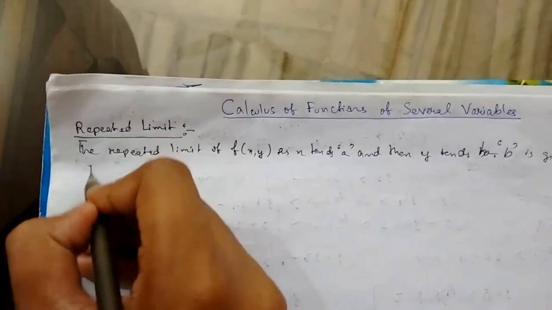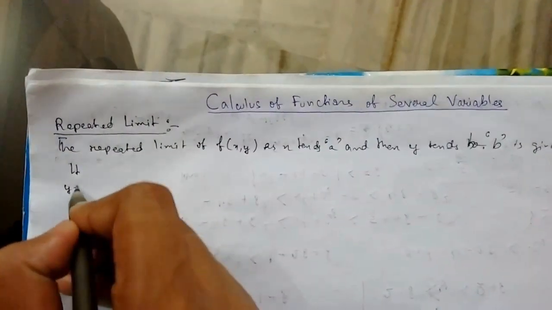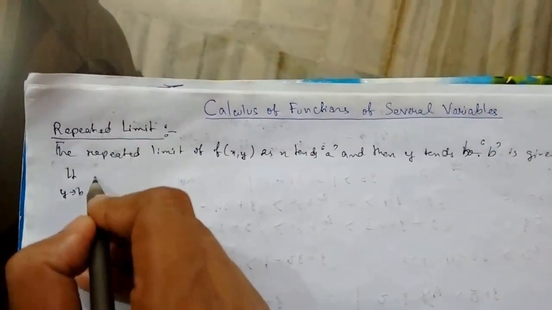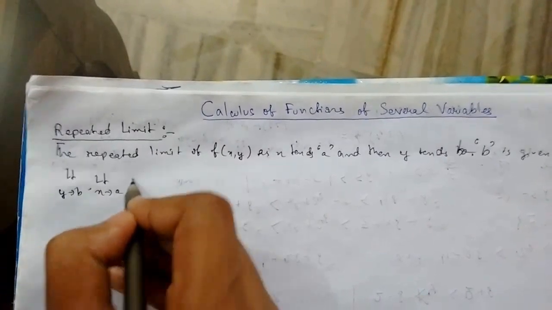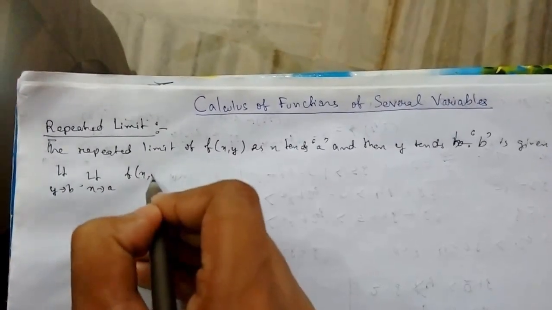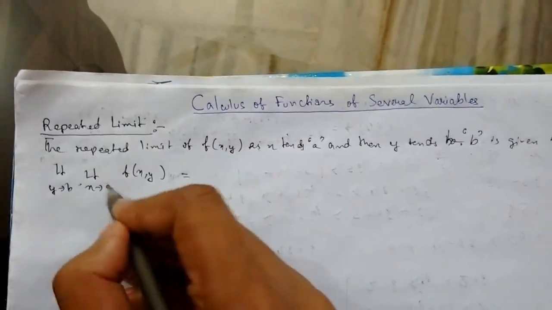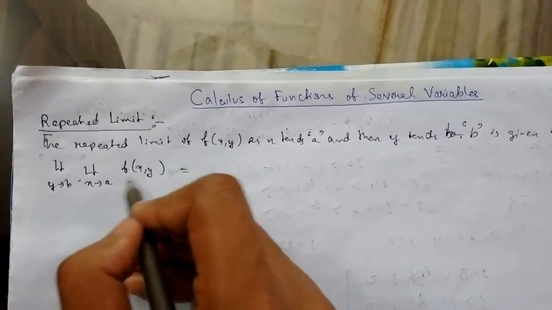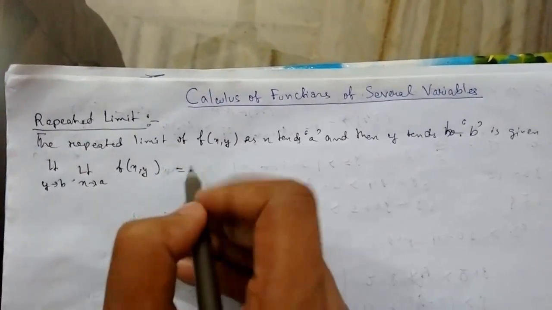So what this means is limit y tending to b, then limit x tending to a of f(x,y). So first we need to evaluate the limit by putting x tending to a.